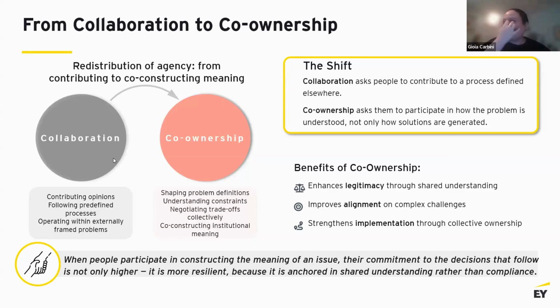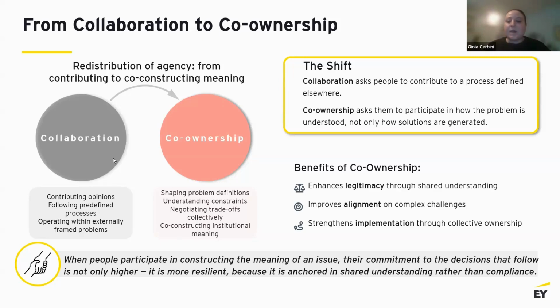So it is also a redistribution of agency in a way that strengthens, from one side, legitimacy, because if we distribute agency, we touch upon what is legitimate to do, but also alignment: internal alignment, external alignment, overall alignment, and implementation.